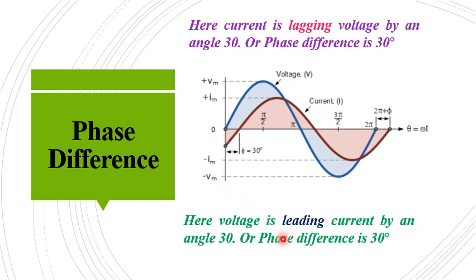So voltage is leading current by an angle of 30 degrees. The parameter which becomes 0 first is the leading quantity, and the waveform which becomes 0 later is known as the lagging quantity.